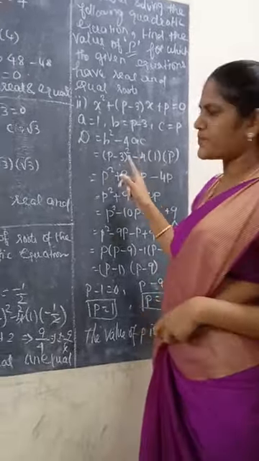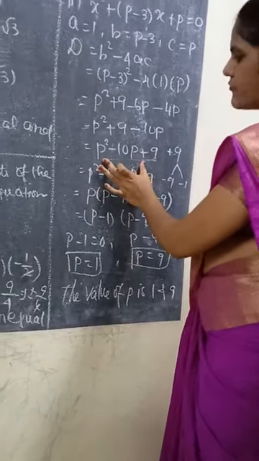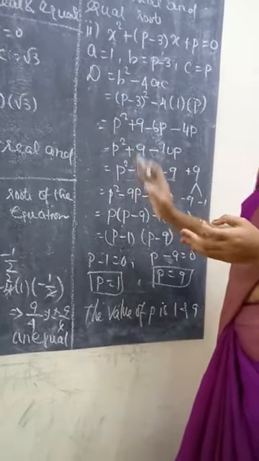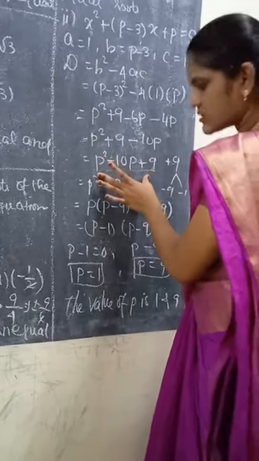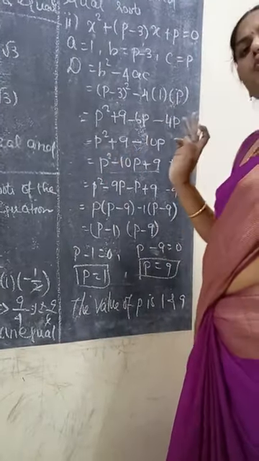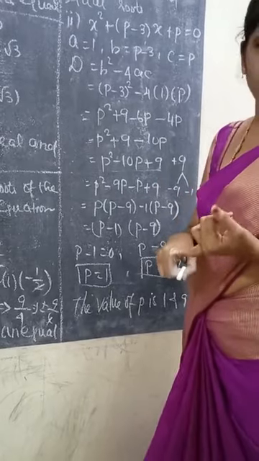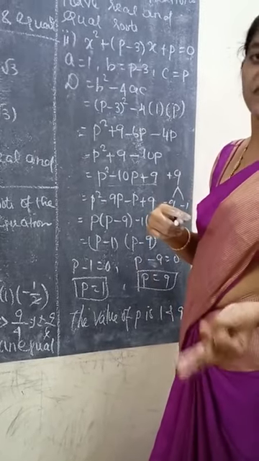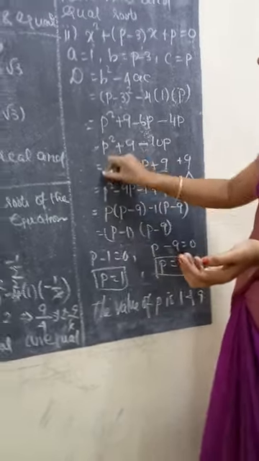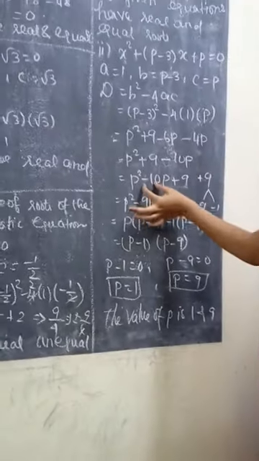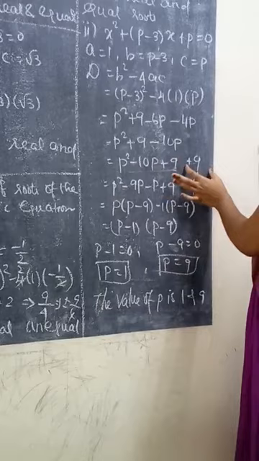Listen, now this is a quadratic equation in general form. Here they didn't mention to use the quadratic formula, so you can use either the quadratic formula or factorization. It's your wish. So 1 into 9 is 9. For addition we need minus 10, for multiplication we need plus 9.